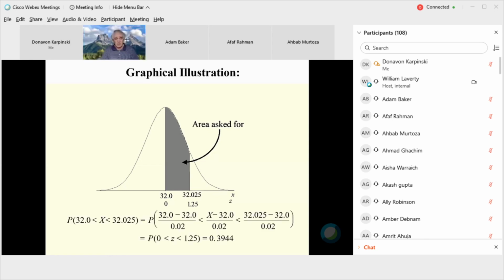There is the computation. So the first step is to convert things by doing the standard score transformation, subtracting off the mean, dividing by the standard deviation. That converts this random variable into one that has a standard normal distribution, and converts the limits 32 and 32.025 into the corresponding limits. That area can be looked up by looking up the table values.